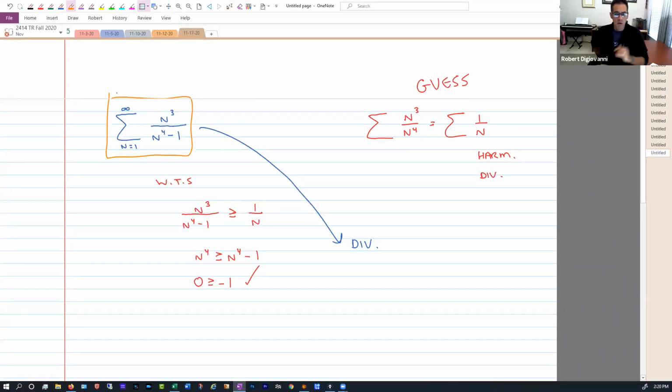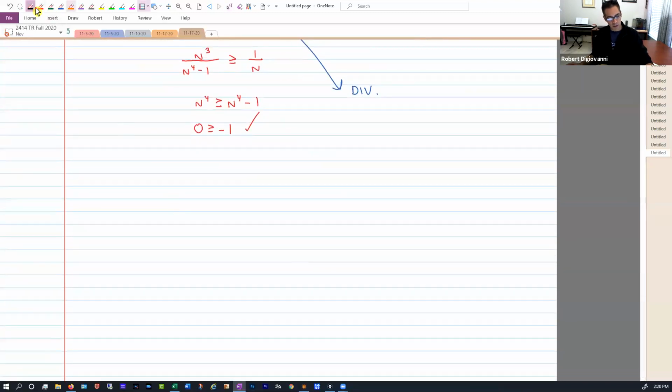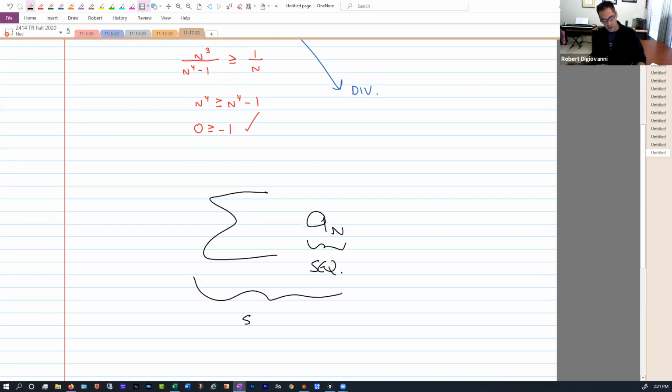Each of those points is the sequence, and each is getting smaller and smaller. But as we add them together, the sum is actually getting infinitely big. That doesn't always happen. Sometimes the sequence numbers get smaller and you add them together and it converges to a number. The thing to keep in mind about a series is this: this piece right here is the sequence, and the whole thing is the series.